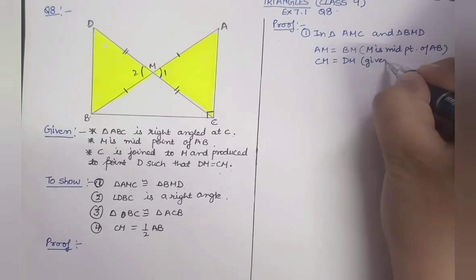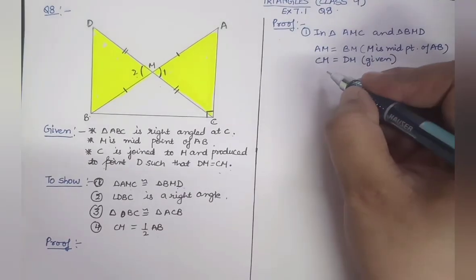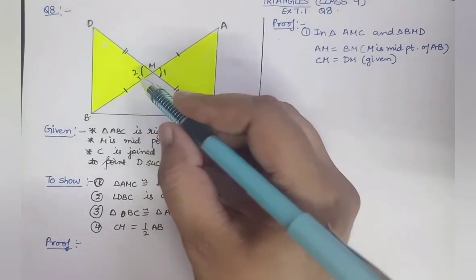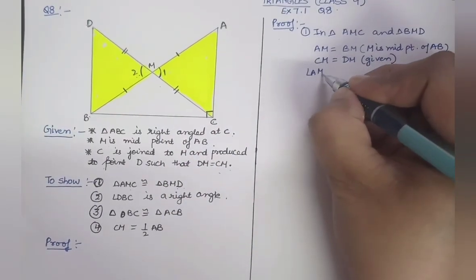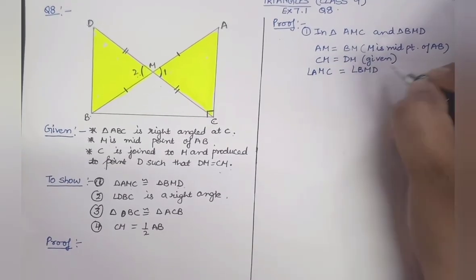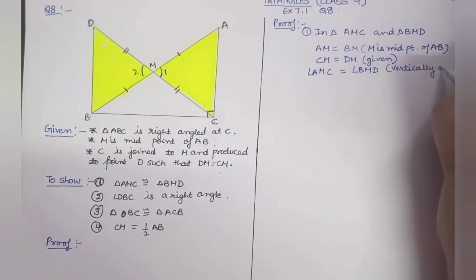And next we have the two angles that I have marked, that they are vertically opposite angles. You can write them as angle 1 equal to angle 2 if you find that convenient, or otherwise you can write it as angle AMC is equal to angle BMD. These are nothing but vertically opposite angles.